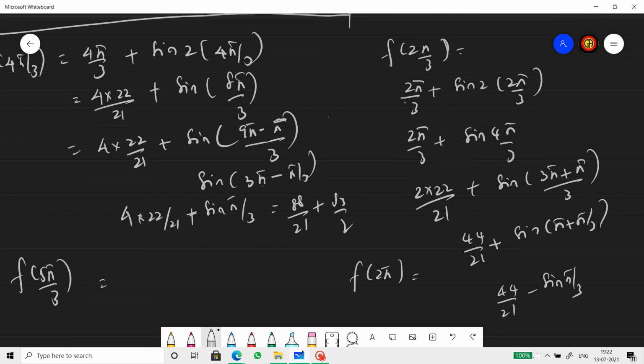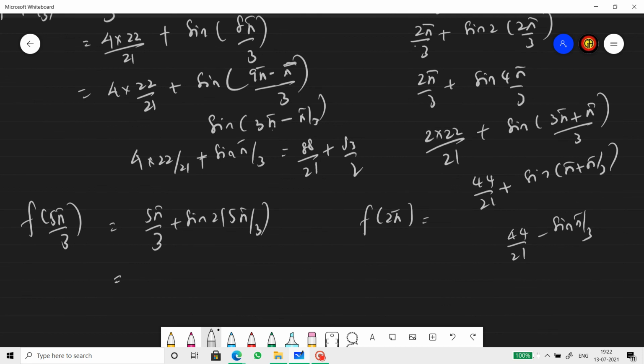Then 5 pi by 3, it's x plus sine 2x. So 5 pi by 3 plus sine 2 times 5 pi by 3. So 5 pi by 3 plus sine 10 pi by 3.